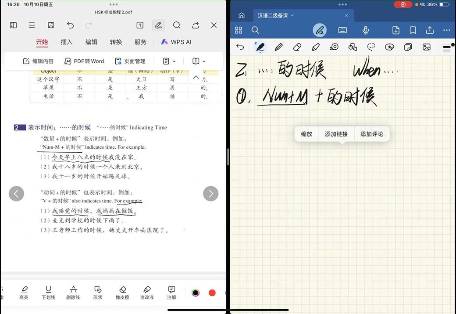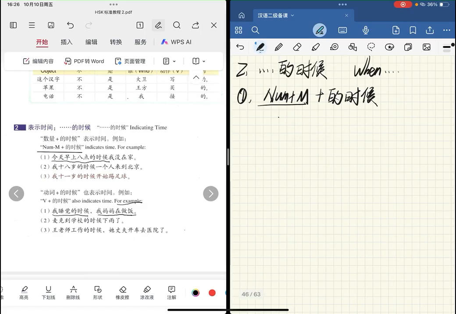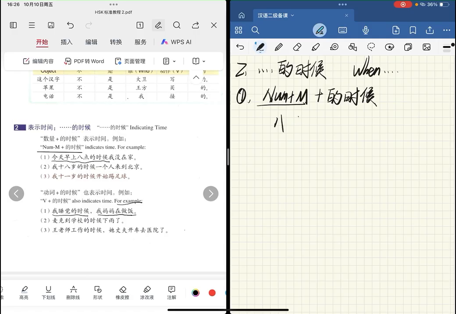For example, 8 o'clock, 8点. So we can get 8点的时候, when it's 8 o'clock. And we can also add a verb before 的时候.